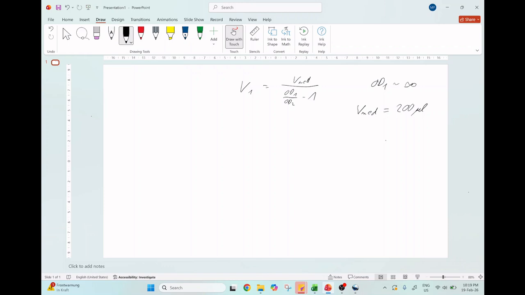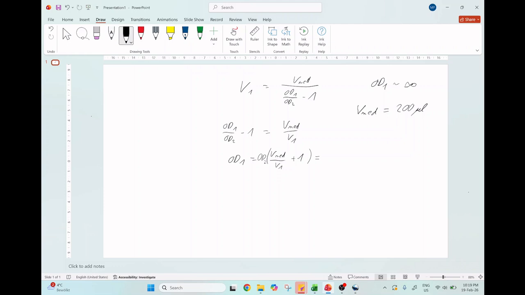So we will have OD1 over OD2 minus 1 equals V medium over V1, and then we bring the 1 over and we multiply by OD2, so OD1 equals V medium over V1 plus 1, times OD2. And then let's just plug in those values that we have here.